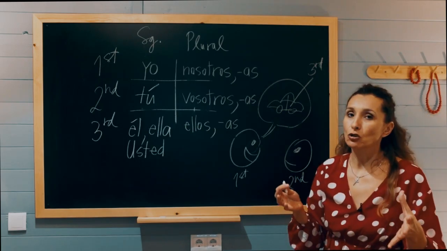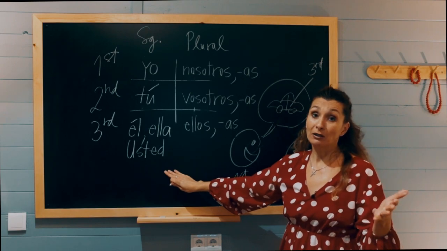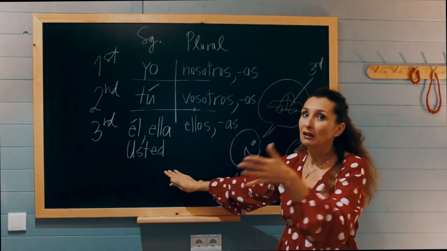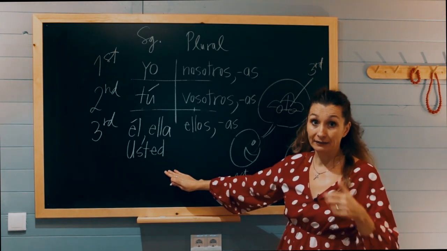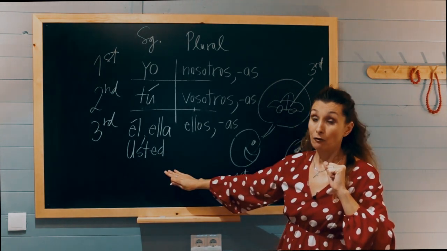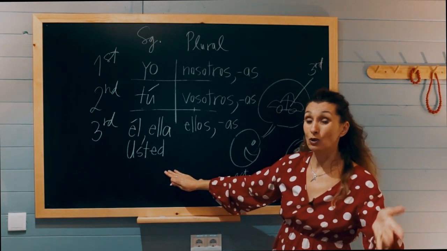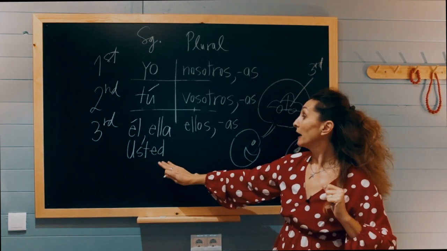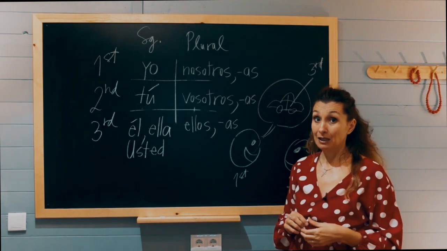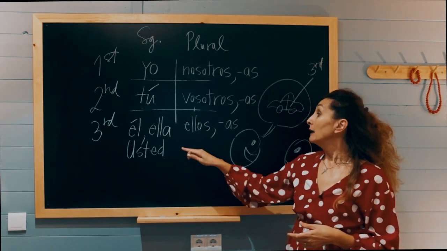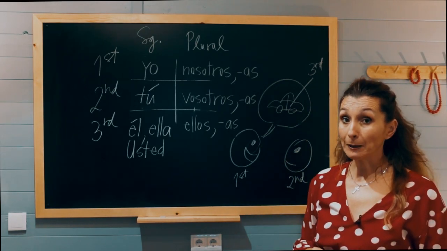Even though in English you don't have this word, usted, you would probably simply say Mr. so-and-so, okay? Rather than calling them by their first name, okay? So in those situations, when in English you would say Mr. or Mrs., you have to use usted in Spanish, okay? Usted followed by the verb, okay?